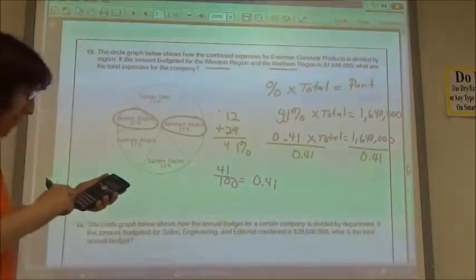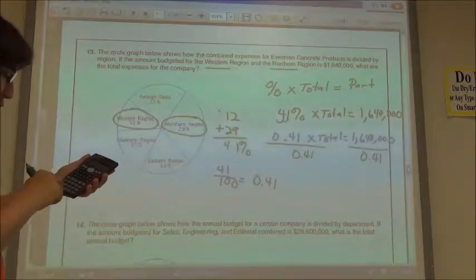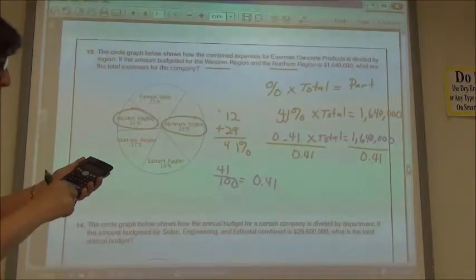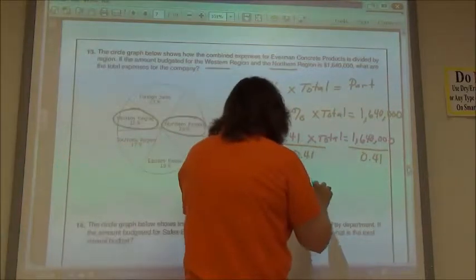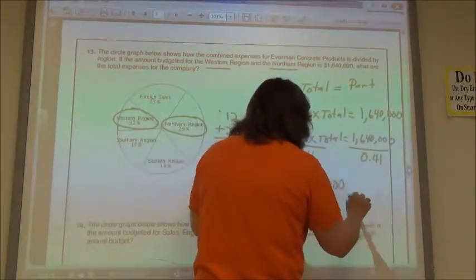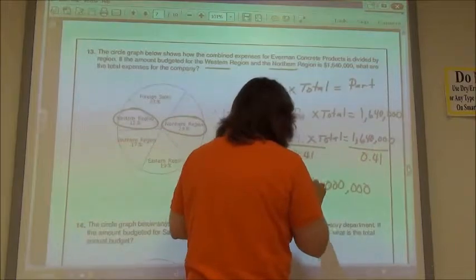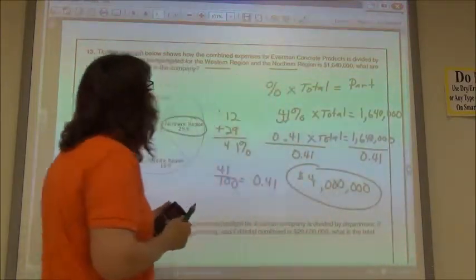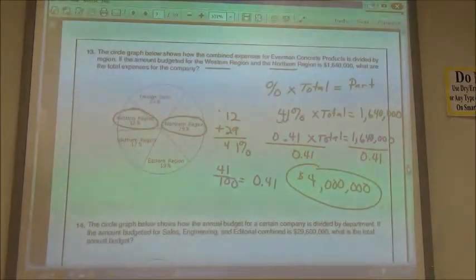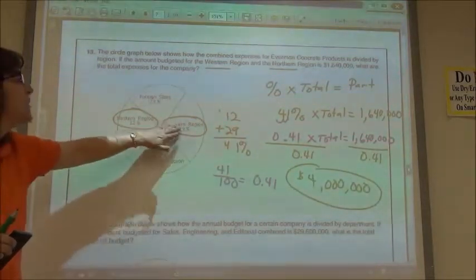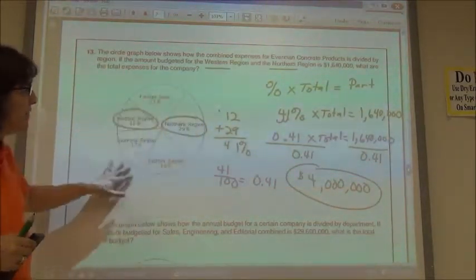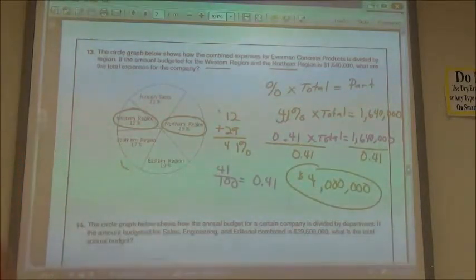So I'm going to take my 1,640,000 and divide it by 0.41, and so I get 4 million for the total of what the pie chart is. And that would make sense if I spent $1,640,000 on just 2 of these. If I have all of the sections together, I have to have a bigger number, 4 million.